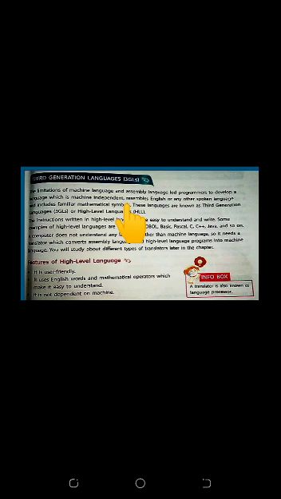So in third generation language, all programs are machine independent. Means we can run any program that is written in third generation languages on another machine also. It resembles English or any other spoken language and includes familiar mathematical symbols.